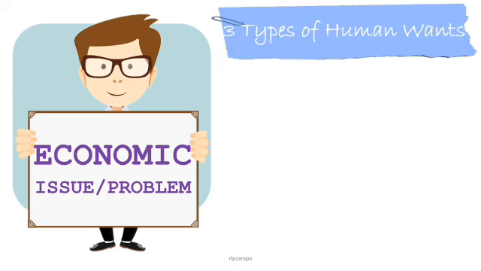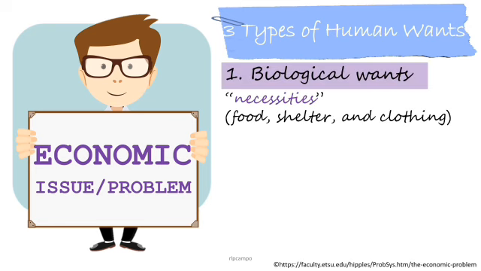There are three types of human wants. The first one is biological wants, which refers to the goods and services needed to sustain human life. These goods are often called necessities, such as food, shelter, and clothing.